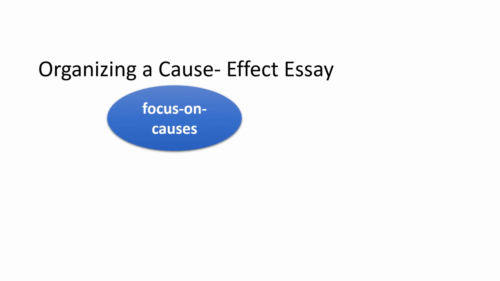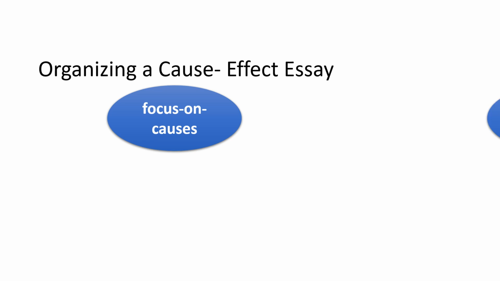As I have said in the previous slide, in organizing information in paragraphs 2, 3, and 4 of a cause-effect essay, you need to decide between writing about the causes or writing about the effects. These are the two ways of organizing those paragraphs.